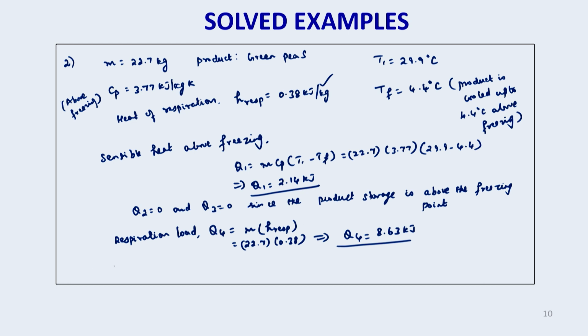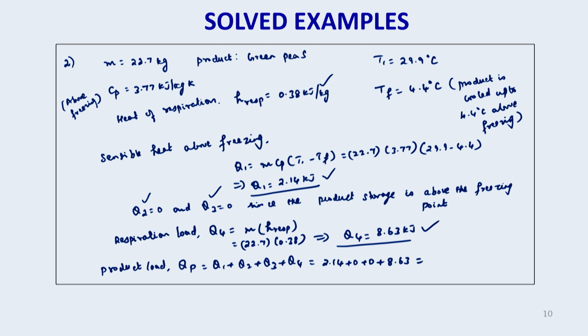Now the total product load, Q suffix P, is equal to Q1 plus Q2 plus Q3 plus Q4, which is 2.14 plus 0 plus 0 plus 8.63 kilojoule.